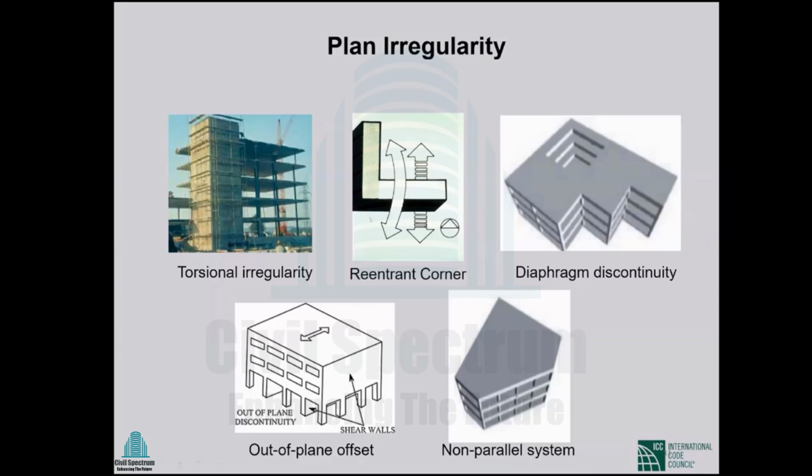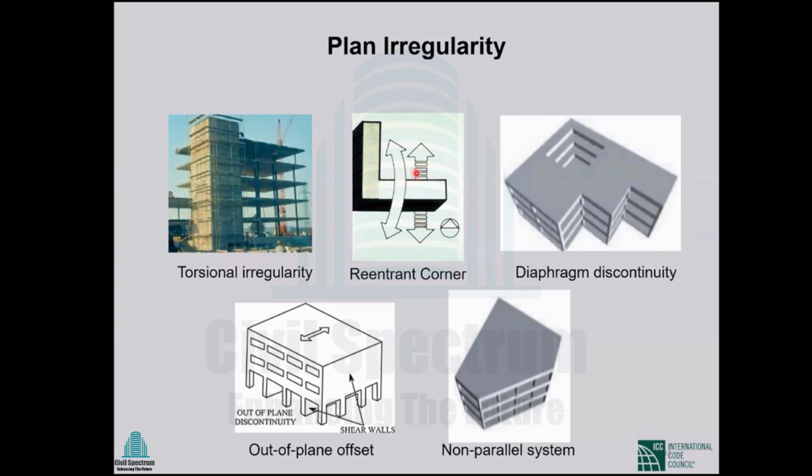irregularities. Reentrant corners like these L-shaped buildings or T-shaped buildings or U-shaped buildings, where, for example, if this building, you can see in the picture, I'll try to use my laser pointer here. So if the ground vibration is in this way, you can see this part is quite stiff because this is the longer side.